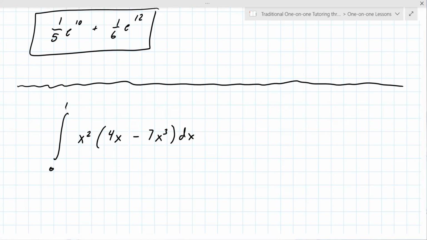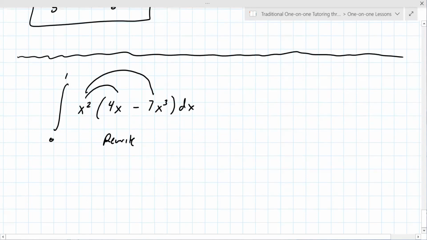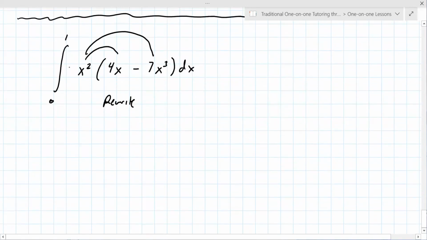So the rewrite here, and you sort of have to be told this, is that you need to distribute first. And if there is a number in front or a negative, it too distributes. So 4x cubed minus 7x to the fifth.